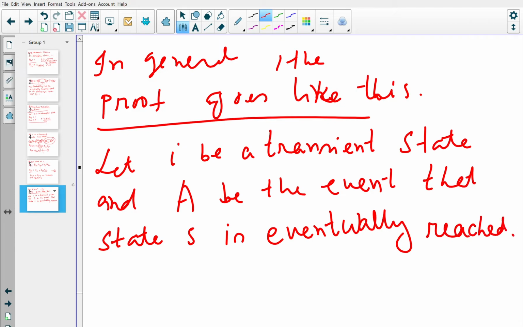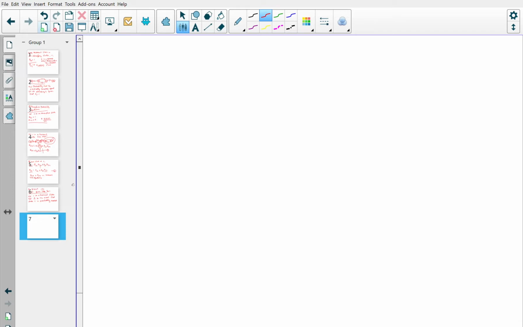Okay, clear? So you start with i and then you will reach S, and this event is A. So we have a_iS, the probability that you will have reached S given that your starting point is i, where i is not equal to S.